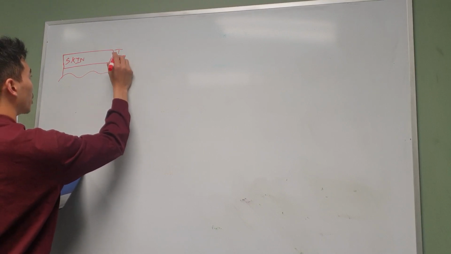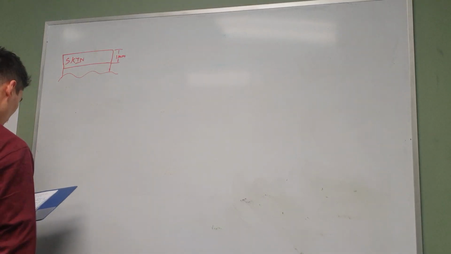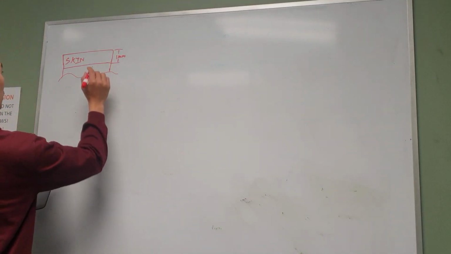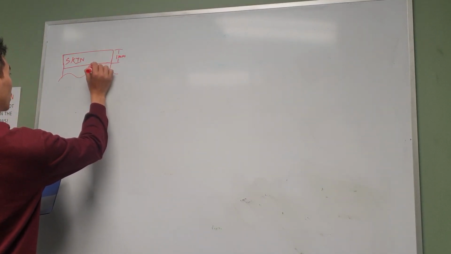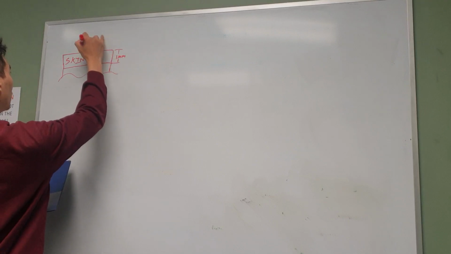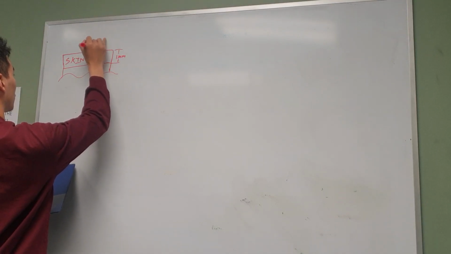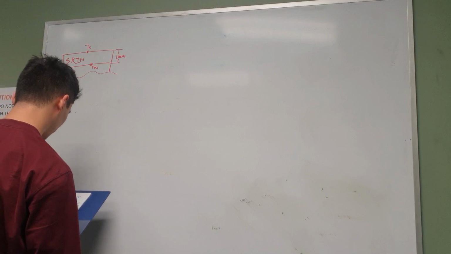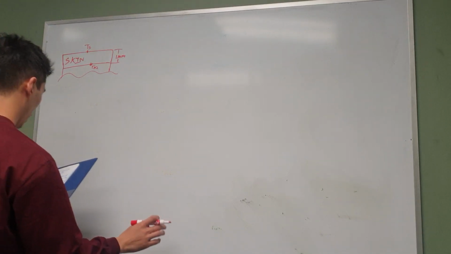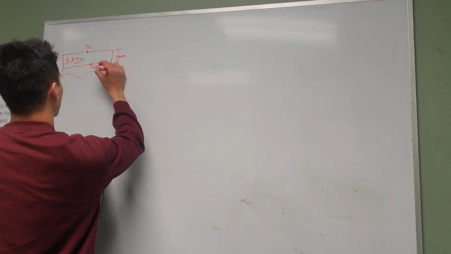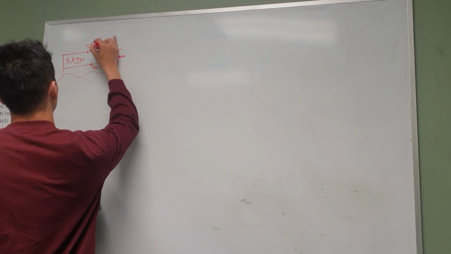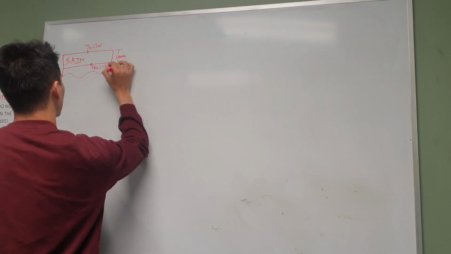The skin is 1 millimeter. And here is T infinity, and the surface is Ts. Where Ta is equal to 37, Ts is equal to 30 Celsius.